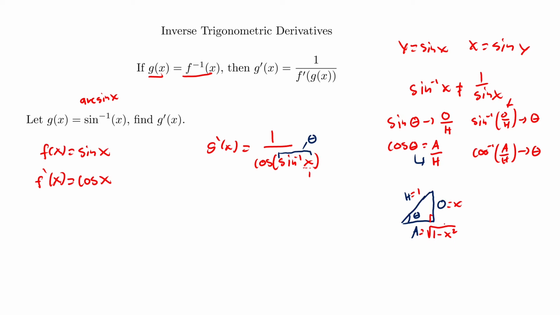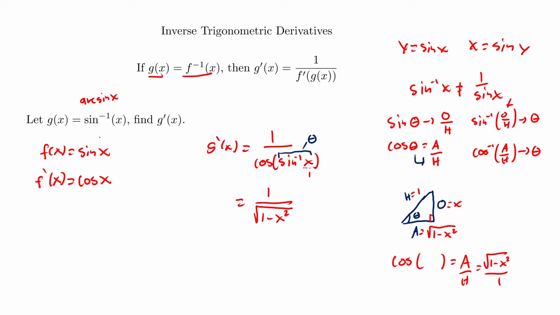Okay? So that means that the cosine of whatever this angle is going to be the adjacent over the hypotenuse, which is just going to be the square root of 1 minus x squared over 1. So it turns out that this entire thing actually simplifies to be 1 over the square root of 1 minus x squared.